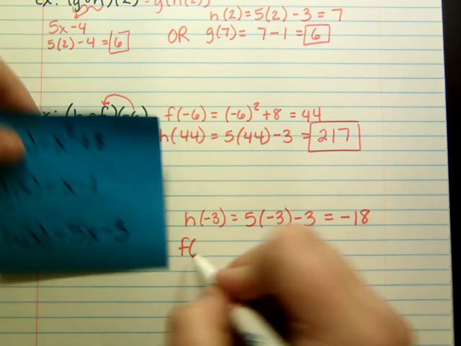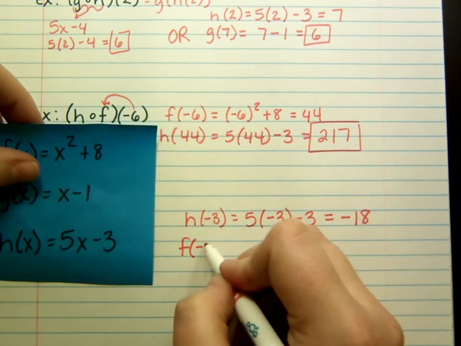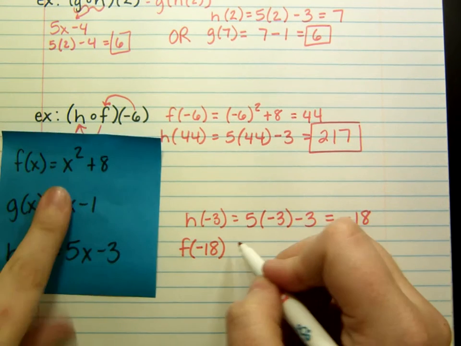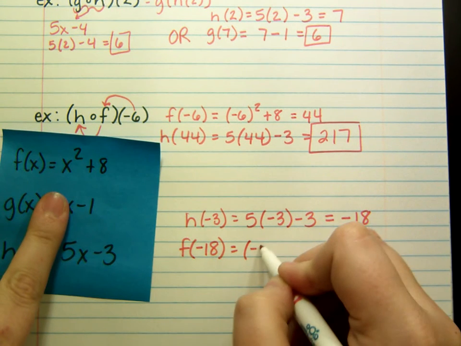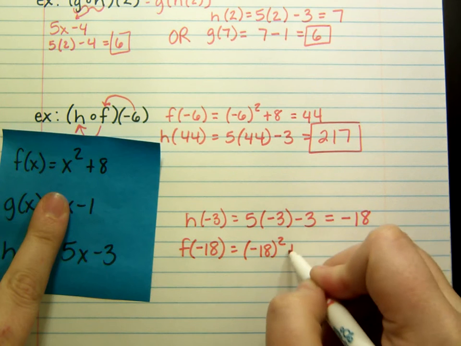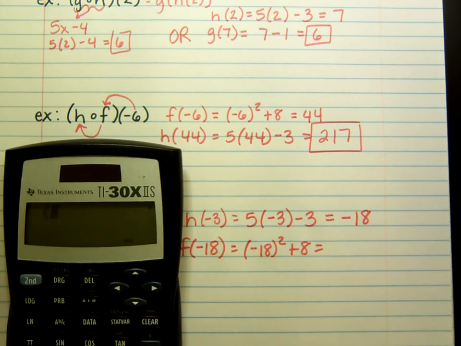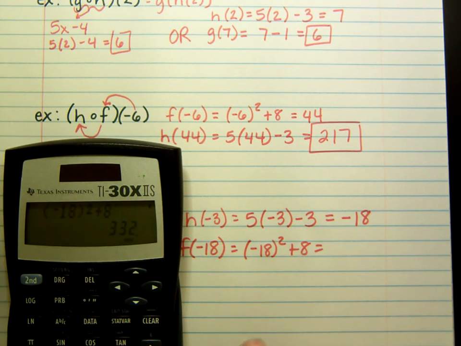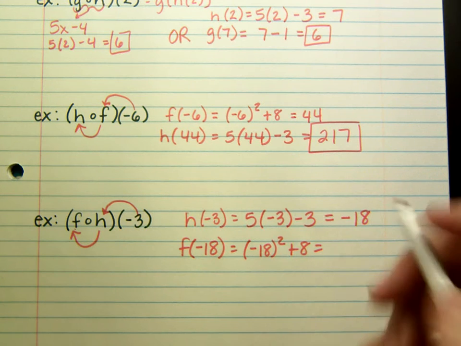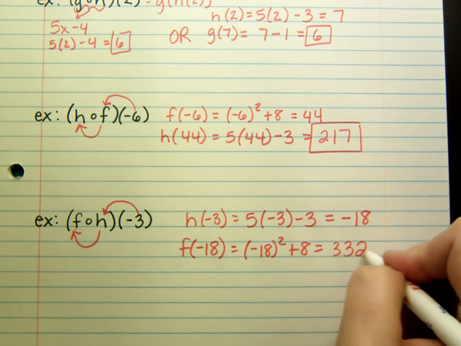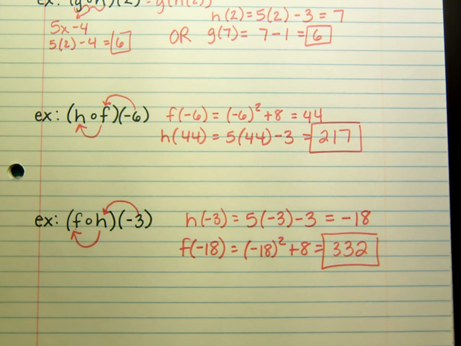So f of negative 18 means I'm going to do negative 18 squared plus 8. And that is not one I have memorized, so negative 18 squared plus 8 gives me 332. Alright, so that is composition of functions.